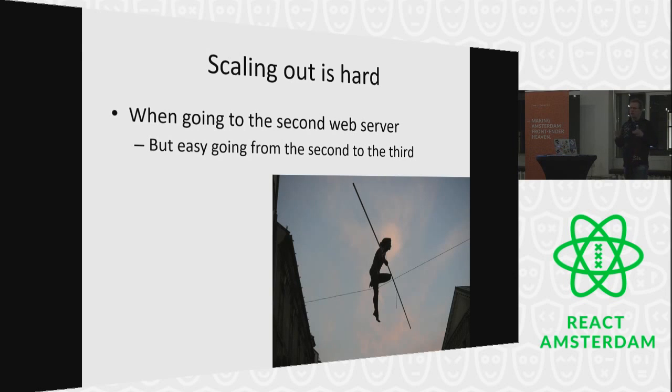I'm not talking about saying, well, I've got one machine which has my website or web application, the web server, and my database, and now I'm scaling out to move my database to another server. That's easy. It's going to increase the latency a bit between the two, but other than that, it's no biggie. I'm talking about scaling out, going from 1 web server to 2 web servers, or 3 or 4.